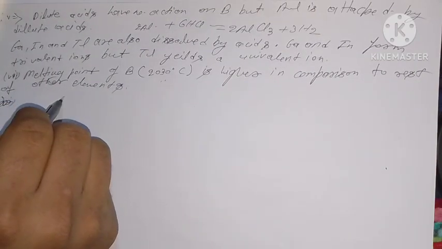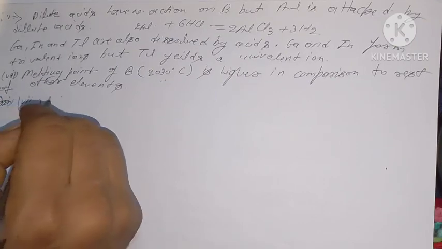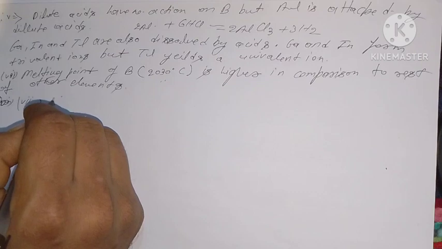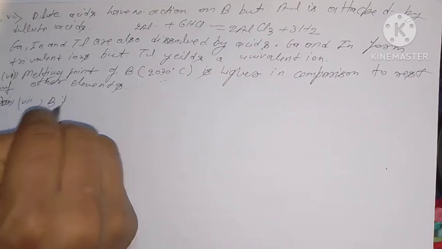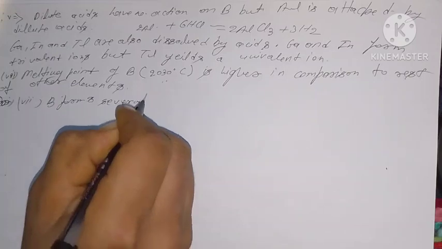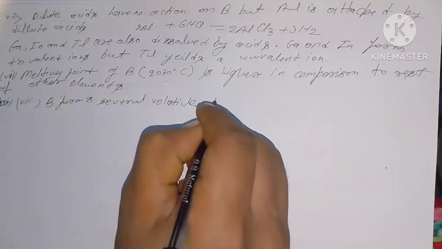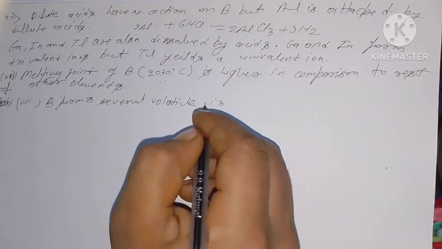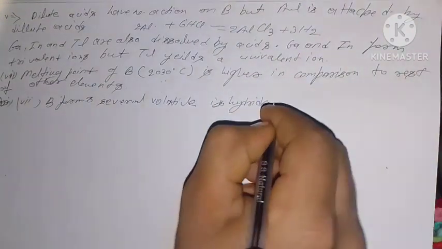Seventh point. Boron forms several volatile hydrides.